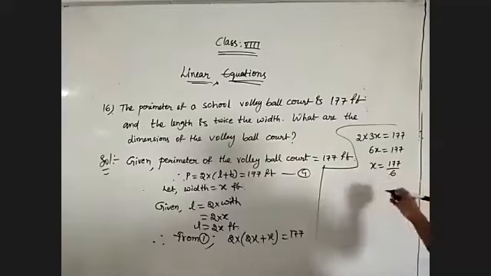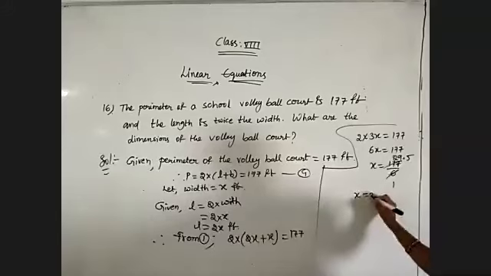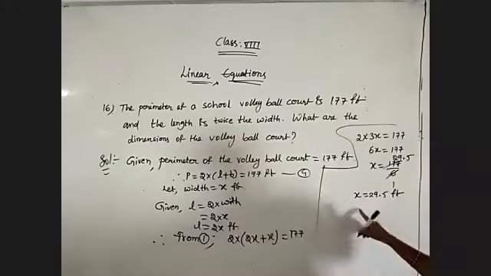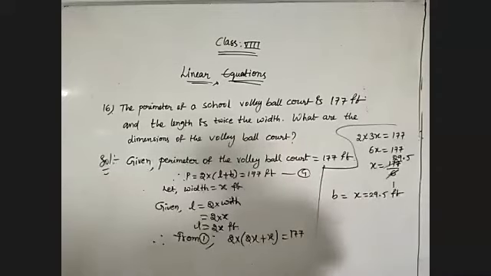Now we will get the answer in points. 6 3s are 18, 6 2s are 12, 57, 6 9s are 54, 30, 6 5s are 30. So x is equal to 29.5 feet. X is nothing but the width. So the breadth of the volleyball court is equal to 29.5 feet.